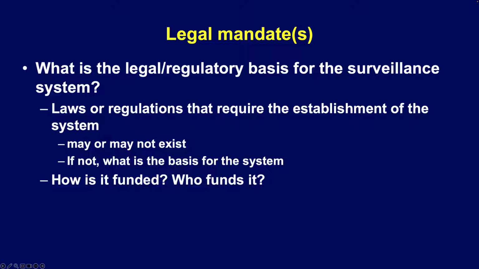What are the laws and regulations that support its establishment? They may or may not exist, and if they don't exist, what then is the basis for the surveillance system? And also, how is the surveillance system funded and who funds it? With regard to legal mandates, we'll be having an entire session after the midterm that's devoted to the legal basis for surveillance systems.